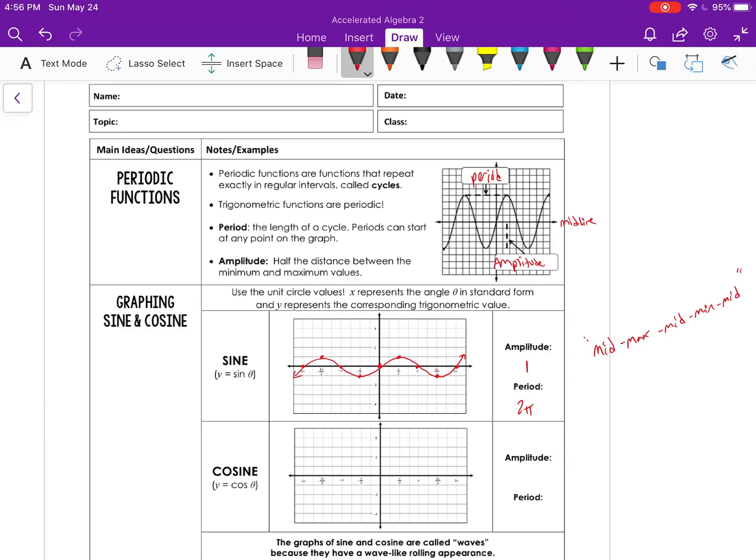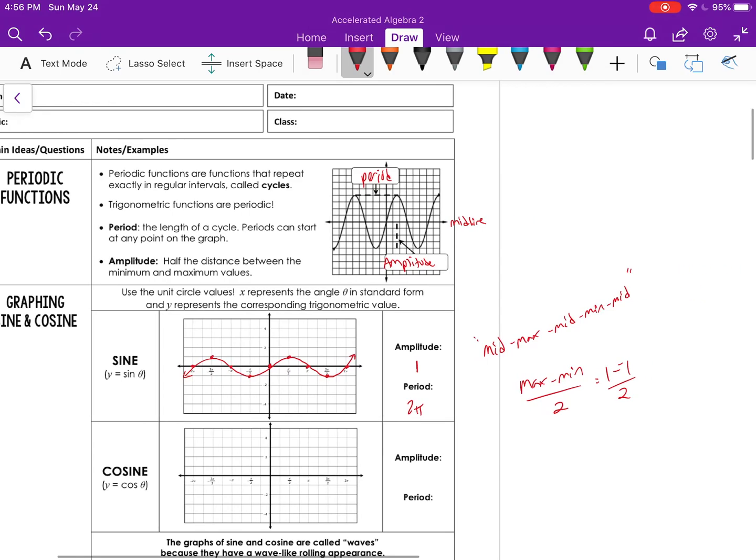Since for sine and cosine the biggest value is 1 and the smallest value is negative 1, they're both 1 away from the middle. You can also think of it as max minus min divided by 2. So 1 minus negative 1, divided by 2, gives you back 1 for that amplitude value.